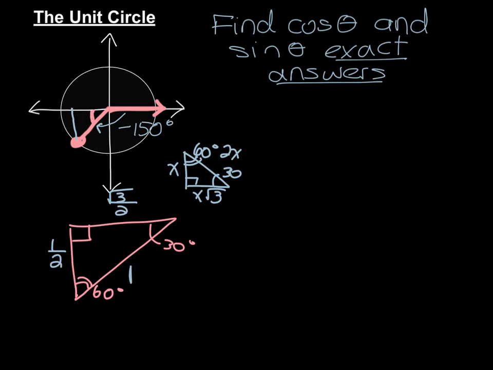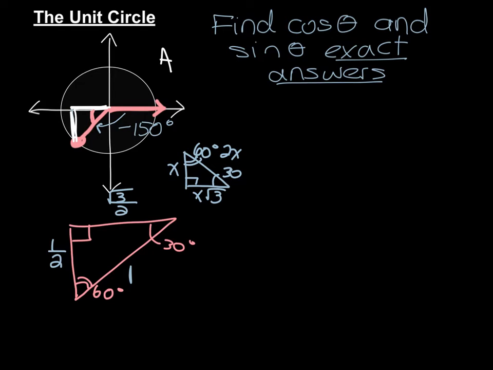If 2x equals 1, then x equals 1/2. So 1/2 times radical 3 gives me radical 3/2. What this means is that I went radical 3/2 units left, and I went 1/2 unit down.